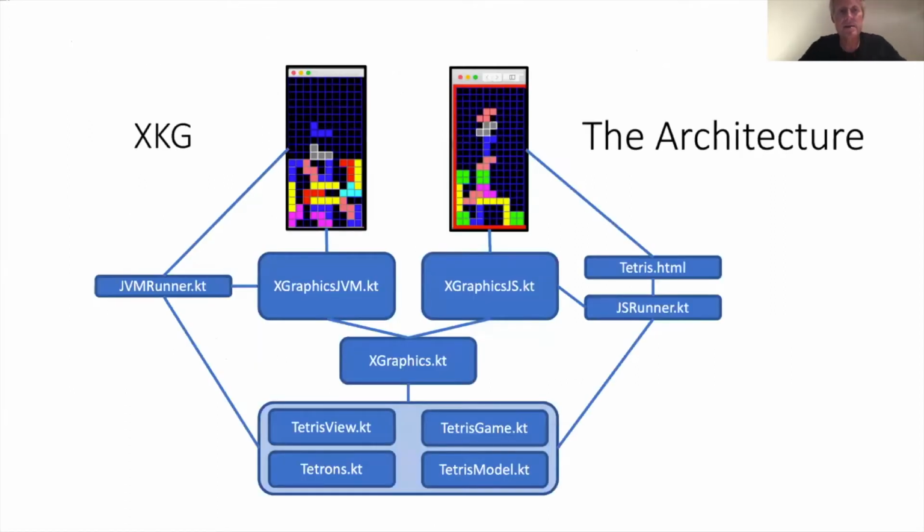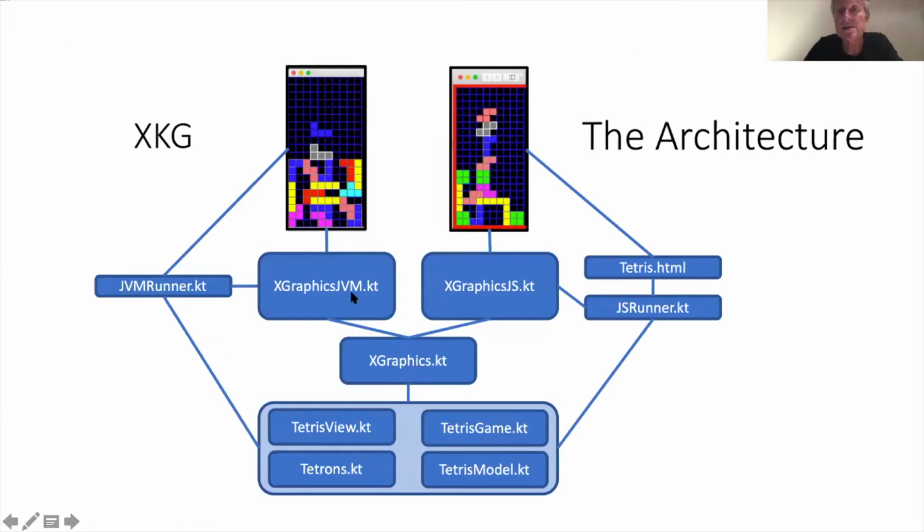So here's the essence of the architecture. The code in the bottom block is the application code. All of the things to do with the graphical user interface, the graphics and the events, are handled through this XGraphics interface software.